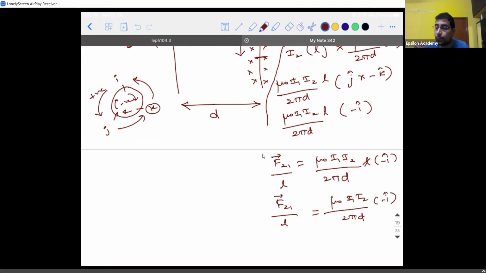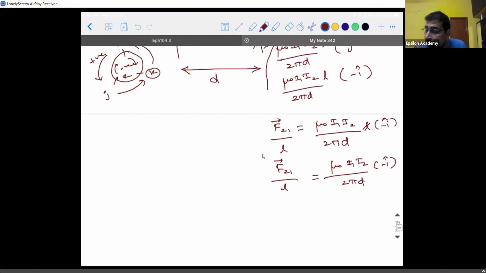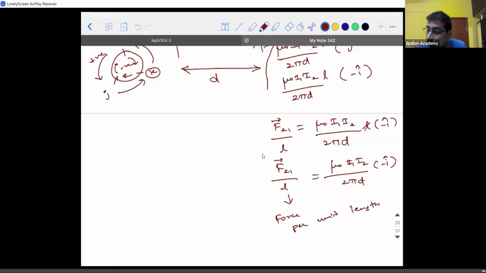Means this parameter is not force, rather this is called the force per unit length. So this is the force per unit length experienced by the second wire due to the first.